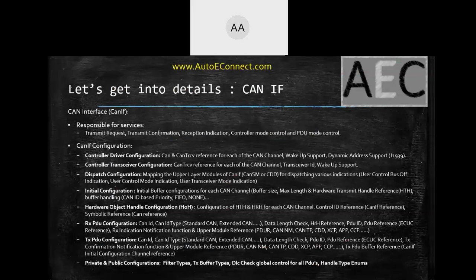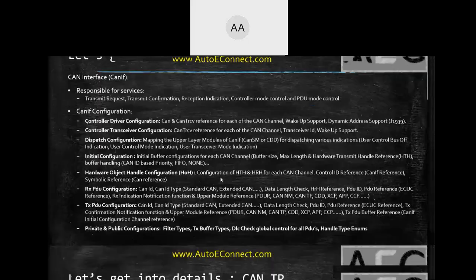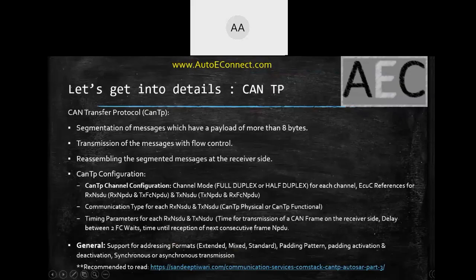So once the CANIF module is completed, we'll have the CAN TP. Basically, CAN TP, any TP module for any network, is generally used whenever the payload is more than the actual data length supported by the respective message.